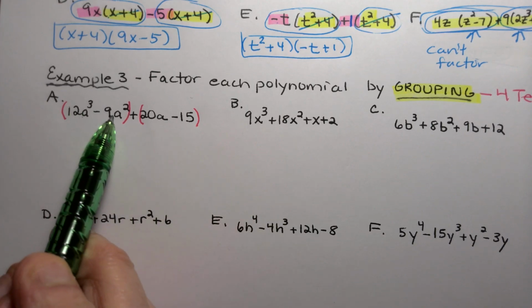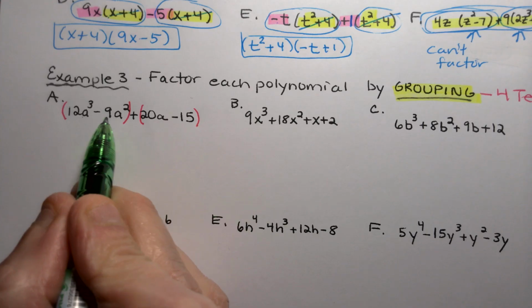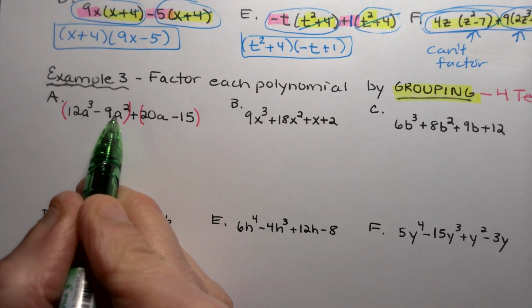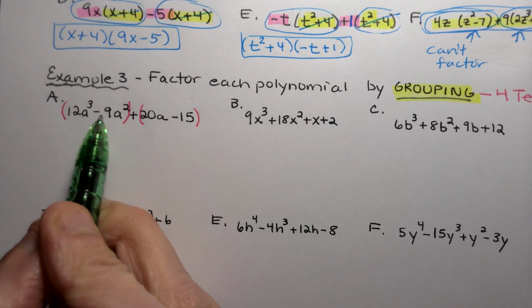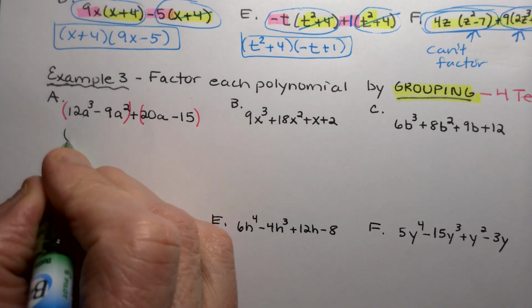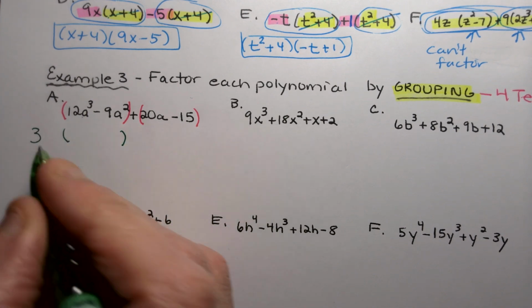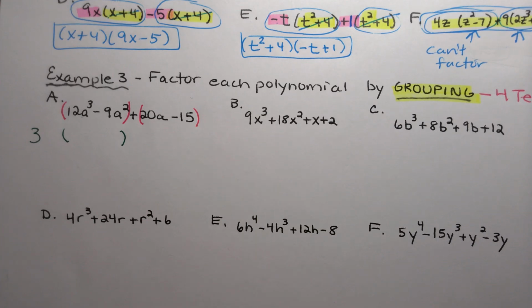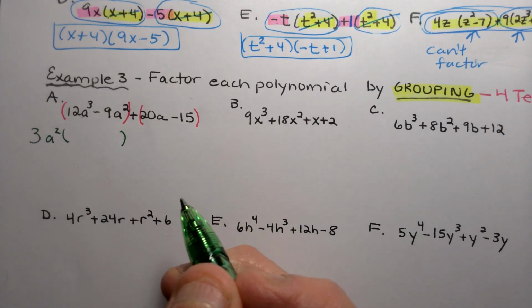Okay, so let's look at this. It's 2 terms. Is there anything you can take out of 12a to the third, and 9a squared? Well, let's look at the numbers. We can take out 3. A to the third, a to the second. What can we take out? A to the second, they both have at least that.